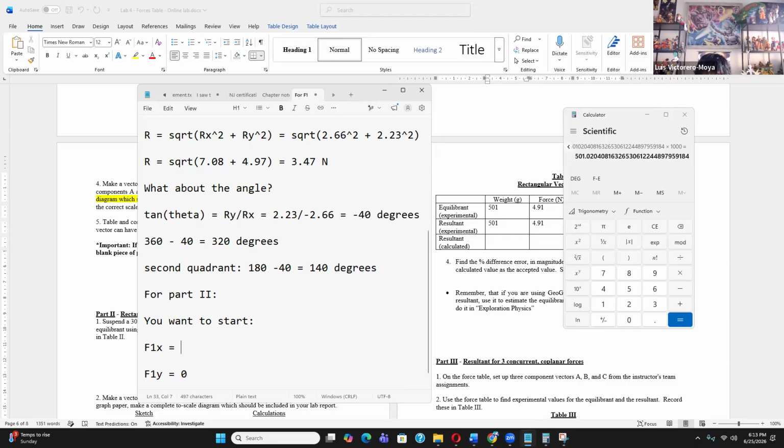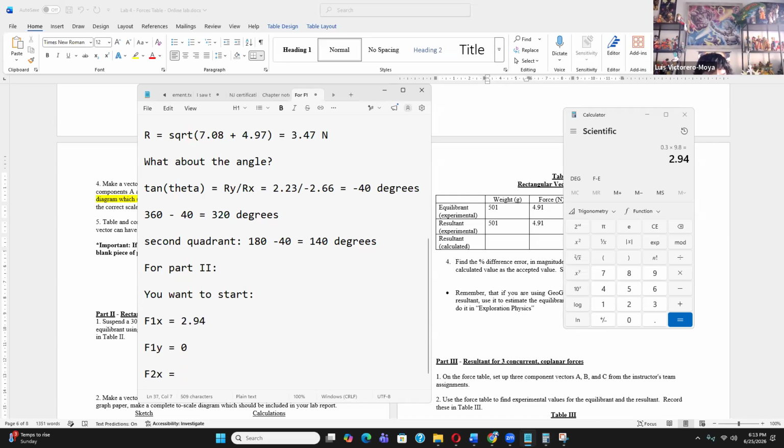For F1x, remember, 300 grams is 2.94. 2.94 multiplied by, oh, that's it, because that is a horizontal value. That's it.